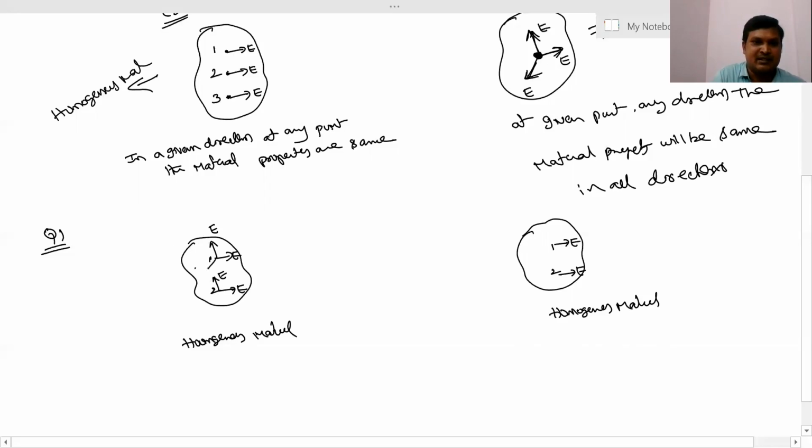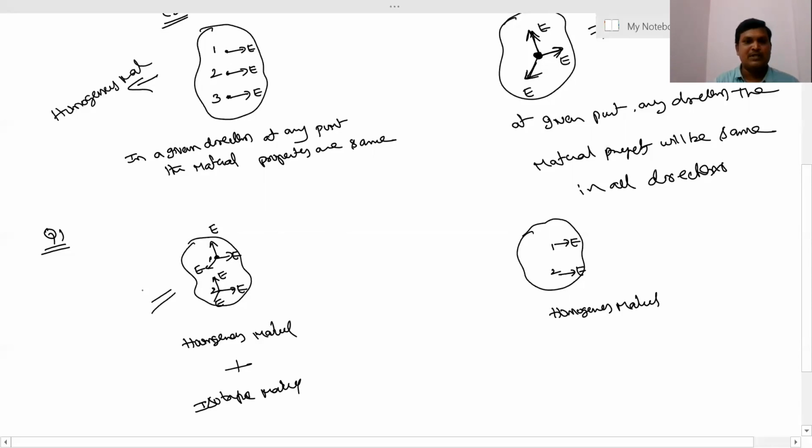In the z direction also this is E, and in the z direction also this is E. So even in the z direction the material property is E, and at point 2 also the material property is the same. What it says is that at a given point, in all directions, the material property is the same. Then it is called, again, isotropic material. So in this case the material is homogeneous as well as isotropic.